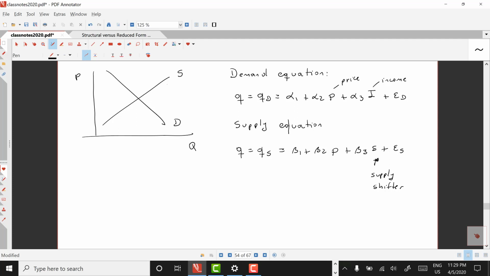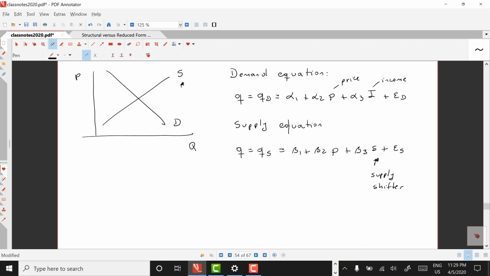So here we have the supply equation. The idea here is that the higher the price, the larger the amount that producers are willing to produce.